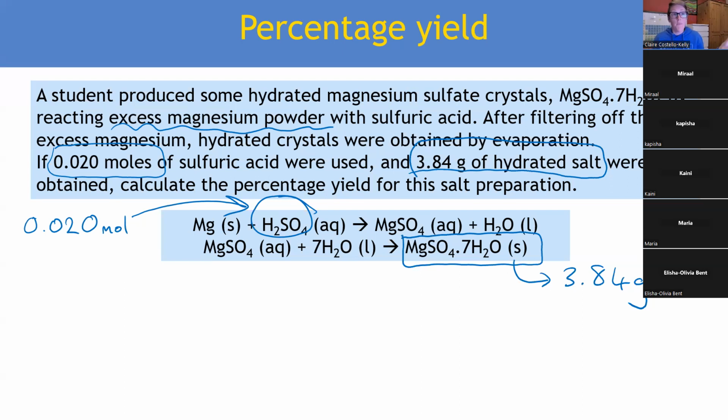That's not the same. So to do a percentage, you need to do moles over moles, or grams over grams. The dot means that the magnesium sulfate is an ionic compound. So you've got magnesium ions and sulfate ions, and they are ionically bonded to each other. The water is a covalent compound, so water molecules. And the water molecules are physically attracted to the ions in the magnesium sulfate.